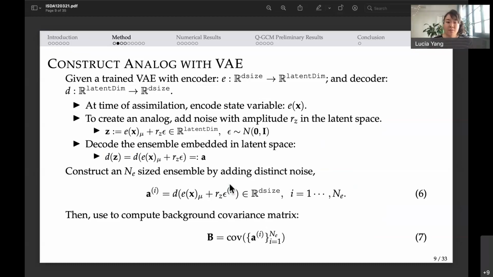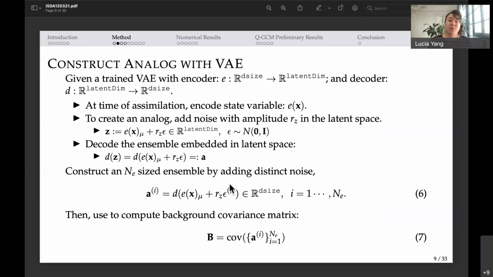And so once you have trained and are satisfied with the VAE that you've trained, then at each time of assimilation, you encode your state variable. And to generate a new analog, you then add noise to this encoded state in the latent space, and then you decode that sum of the encoded state and the noise to generate a new analog.